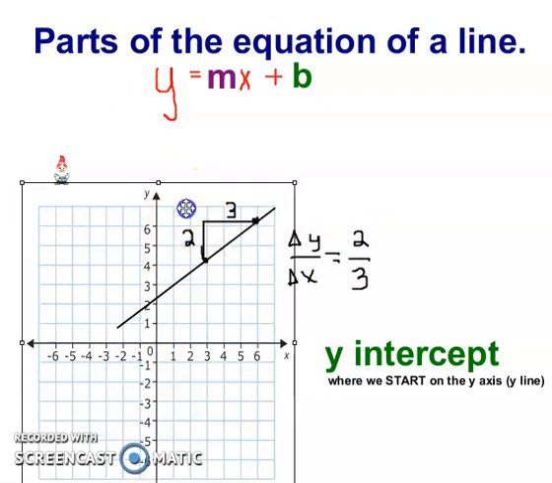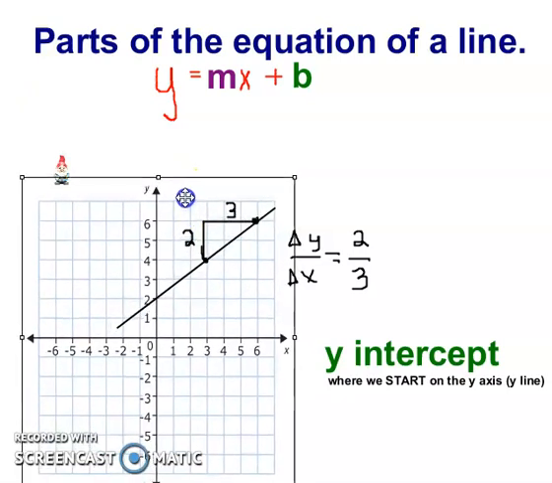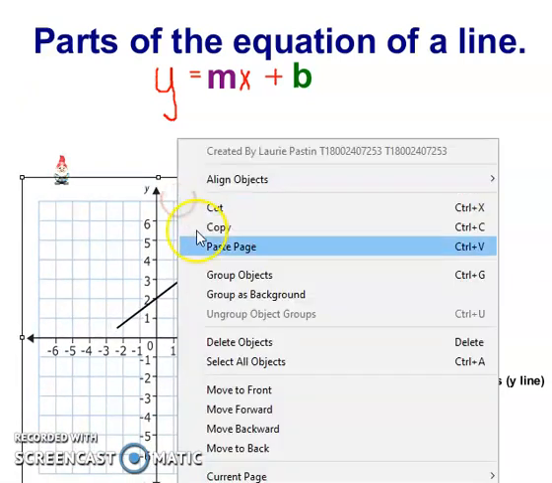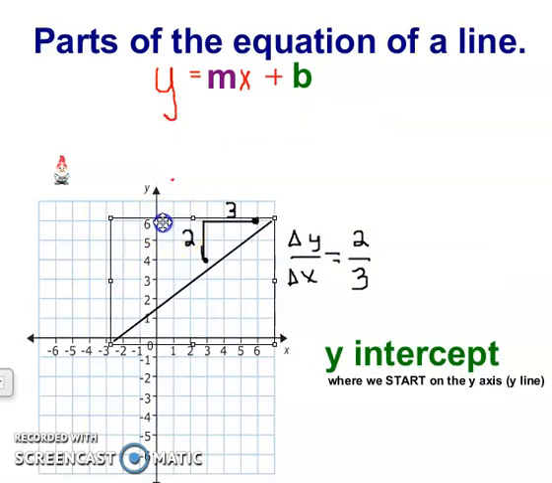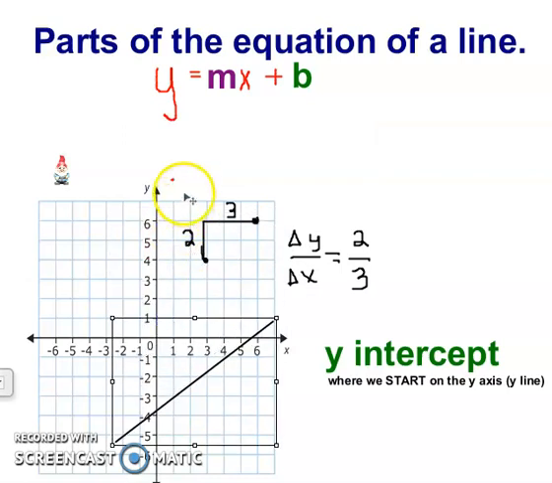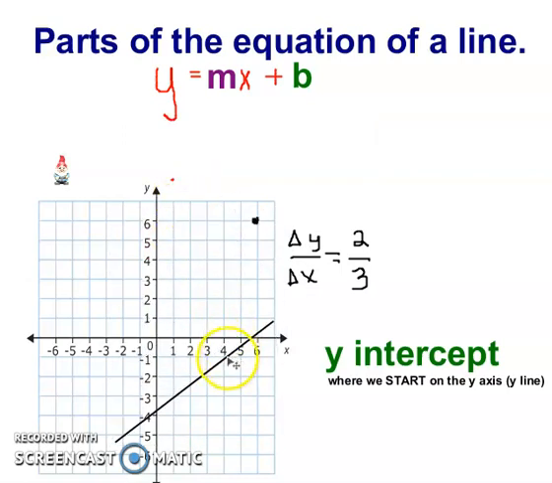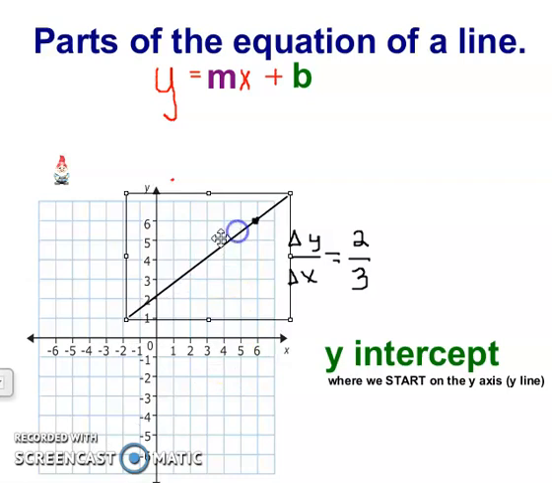The other thing we learned is how to get a slope from ordered pairs, right? If I were going to find the slope of this line using two ordered pairs, I would see what the ordered pair is. This one's 3, 4. This one is 6, 6.